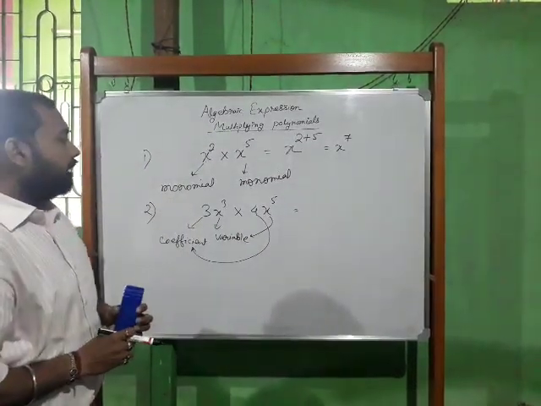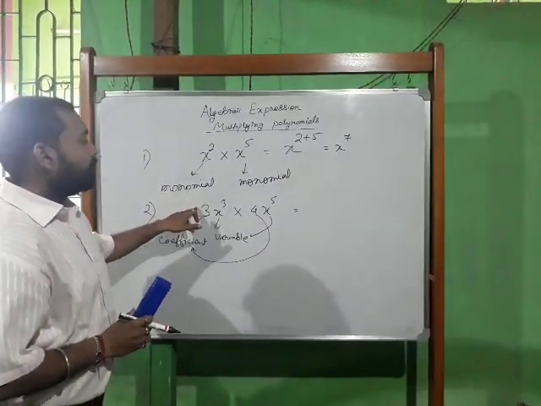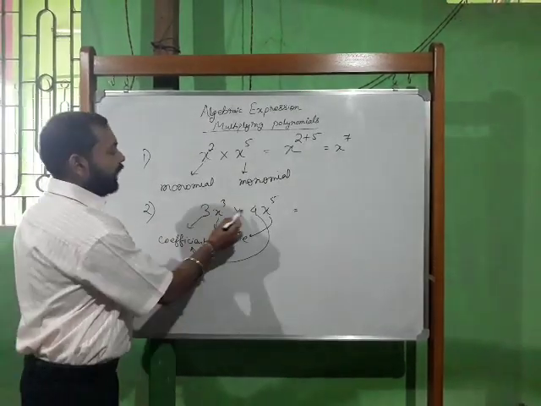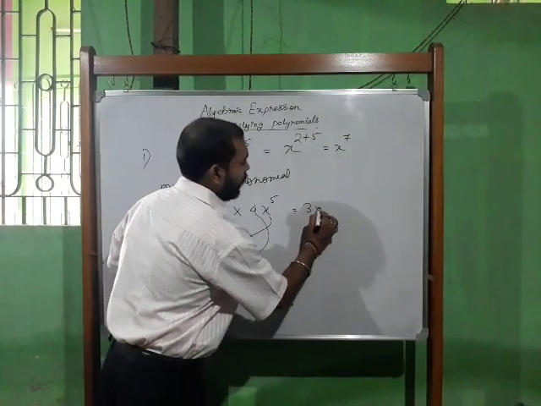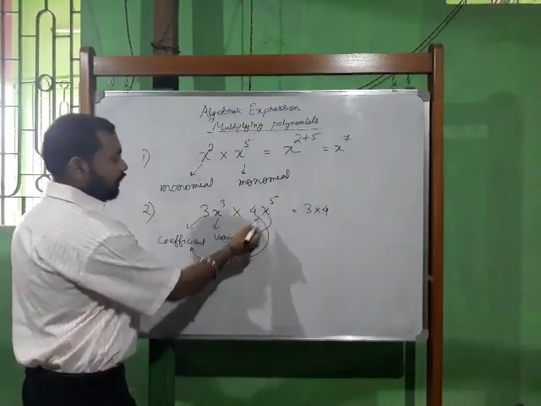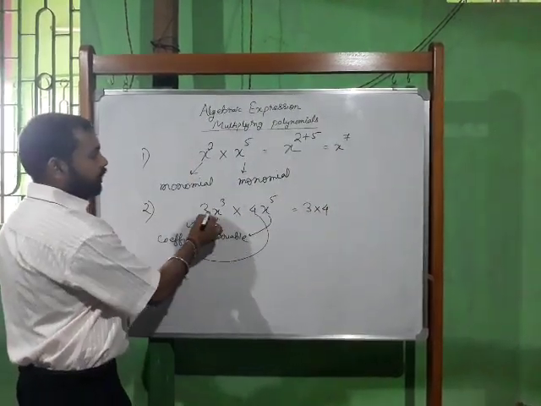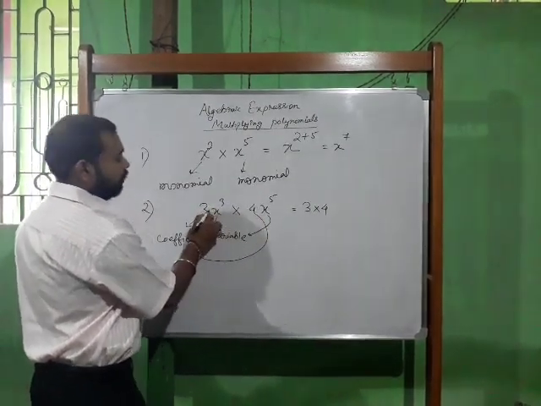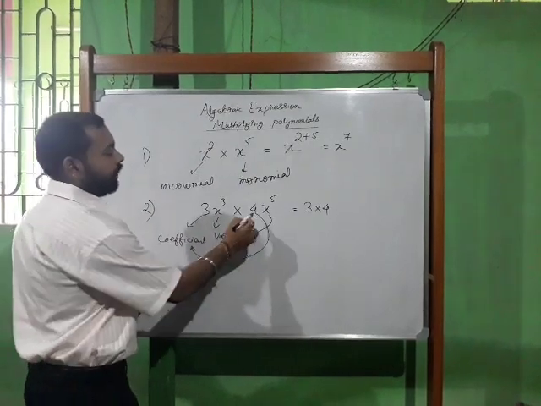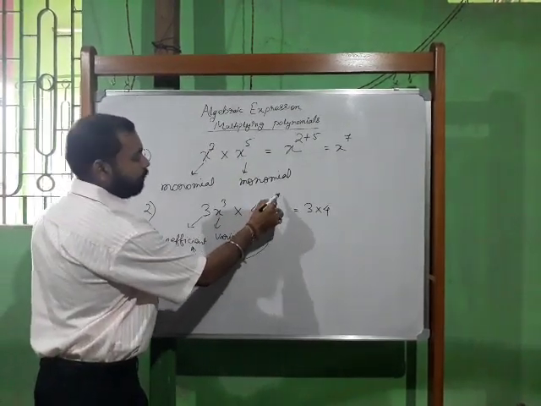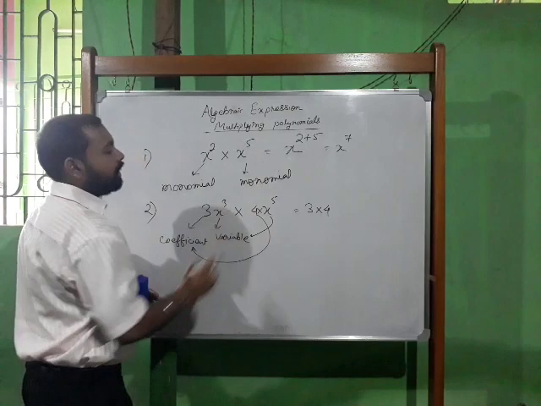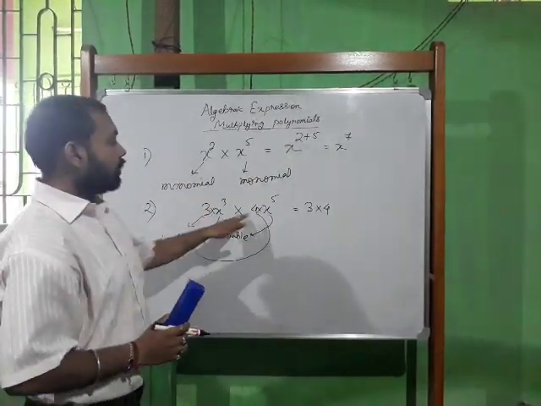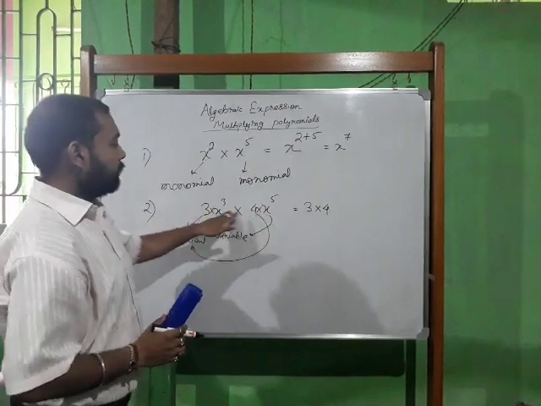Now the rule says that we have to multiply the coefficients. So 3 into 4. Since all these are multiplied, 3x cube means 3 into x cube, where no sign is there, which means the multiplication sign is there. 4x to the 5 means 4 is multiplied with x to the 5, and again 3 is multiplied with x to the 5. All these operations are multiplication operations.